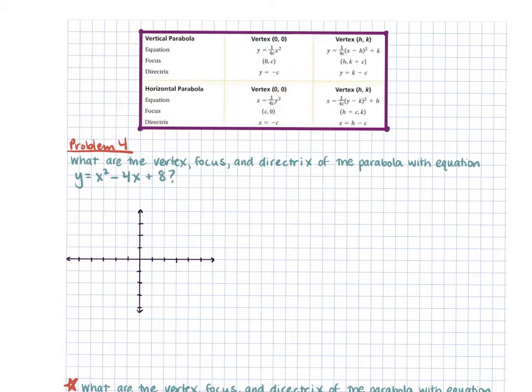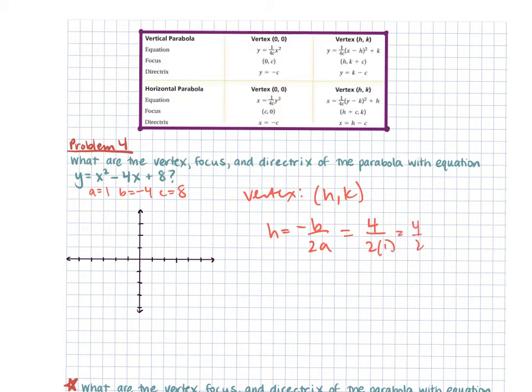Remember back from our quadratic days, the vertex h, k, where h is negative b over 2a. So in this case, a is 1, b is negative 4, and c is 8. So that makes this positive 4 over 2 times 1.